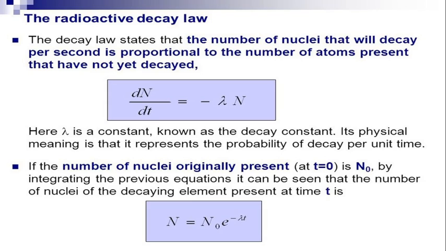Now we can simplify this equation by taking N to left hand side and time, that is dt, to right hand side.